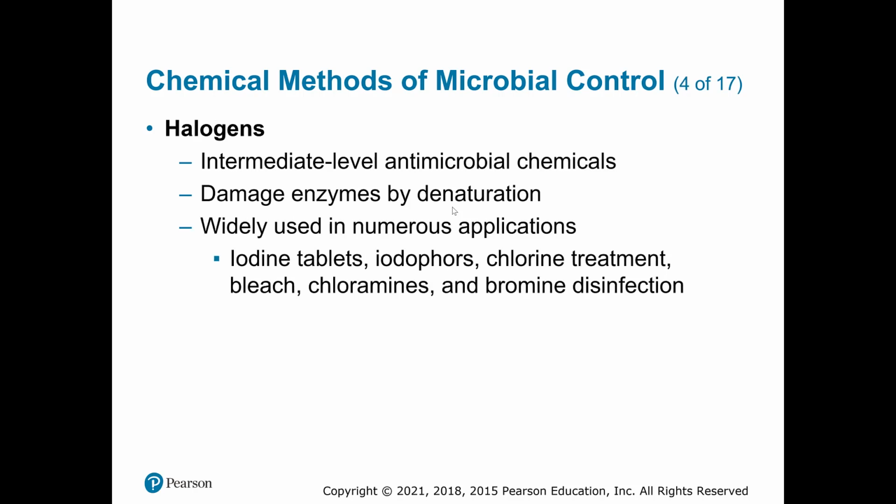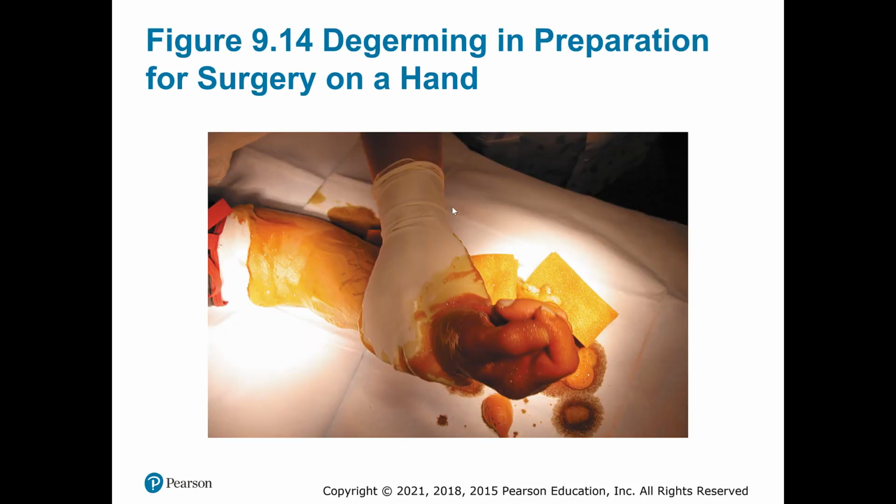Halogens, so these are things like iodine, chlorine, chlorine bleach, those types of things, they're going to denature enzymes. Iodine is still used in the healthcare setting. That's what this figure 9.14 is showing. It's that orangey color, that's iodine, and in this case, it would be an antiseptic. You can use it as a disinfectant too.